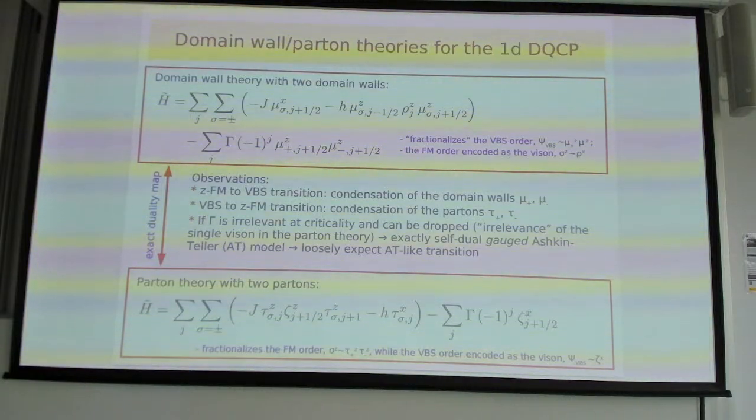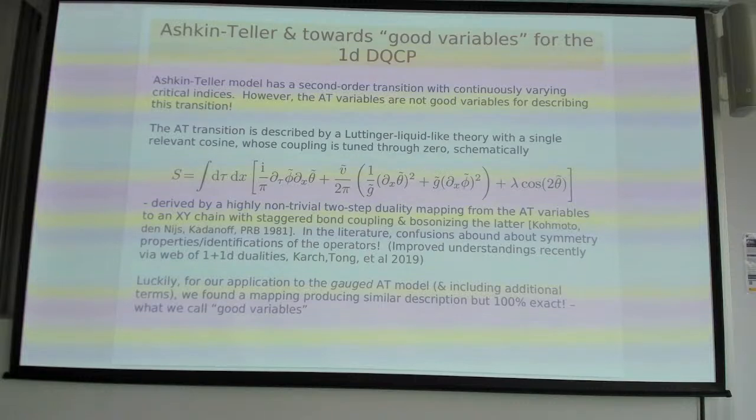Okay? So now, I said that actually I could have written this field theory long ago, where we expect the transition to be Ashkin-Teller-like. And the theory for the Ashkin-Teller, the way we understand it, with continuously varying critical exponents, is that it's like a c equal 1 theory, where there is a field phi tilde and conjugate to it, and there is one Luttinger parameter, and we are in the regime where there is one allowed cosine, and this cosine is relevant.